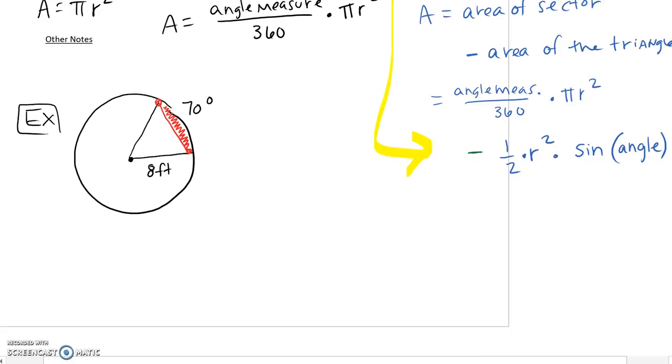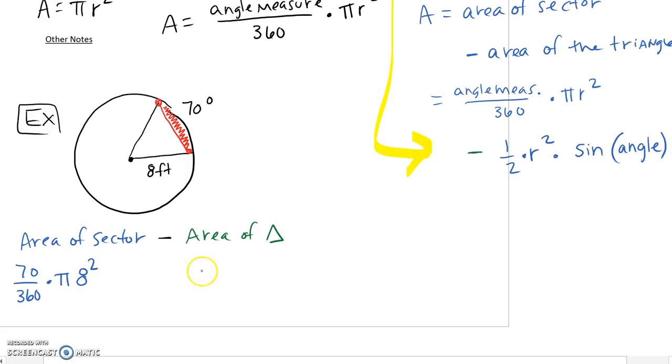So there's two parts to the formula. I need the area of the sector, which would be 70 out of 360 times pi r squared, that's the area of the sector, minus the area of the triangle. The area of the triangle is 1/2 times 8 squared, the radius squared, times sine of 70.